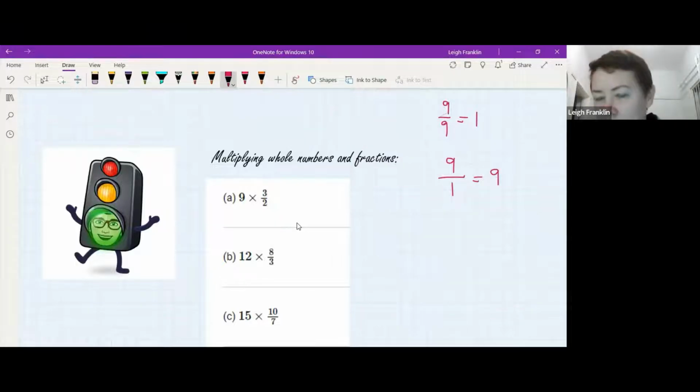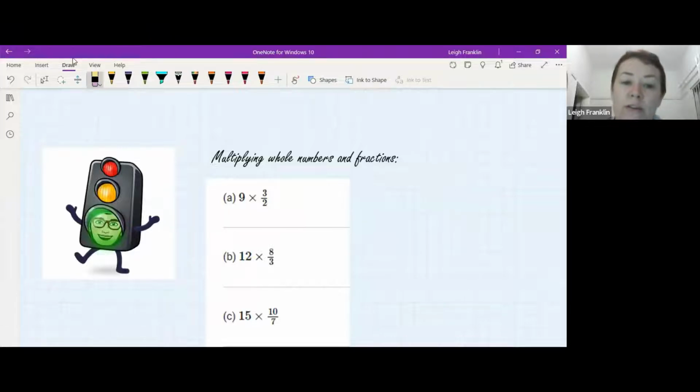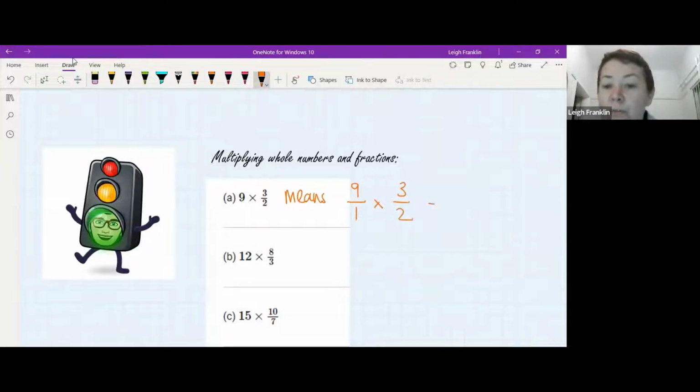Does that make sense to you? Yes. So any real number can always be written over 1. So 9 times 3 over 2 specifically means 9 over 1 times 3 over 2. That's what it means.